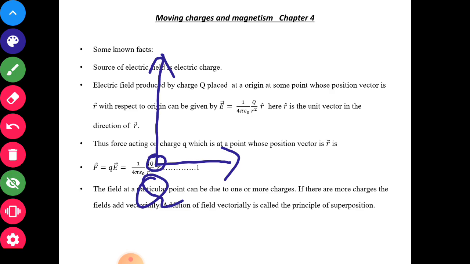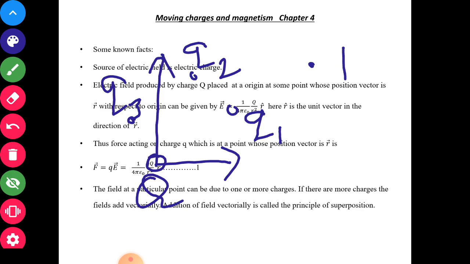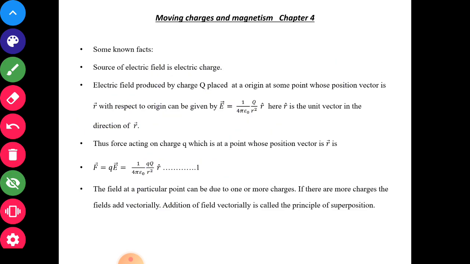Say Q is here, another charge Q1 is here, Q2 is somewhere here, Q3 is here, then the field at some point P will be the vector sum of the electric fields produced by all these charges, or n charges if they are placed. Addition of fields vectorially is called the principle of superposition. This we have studied.